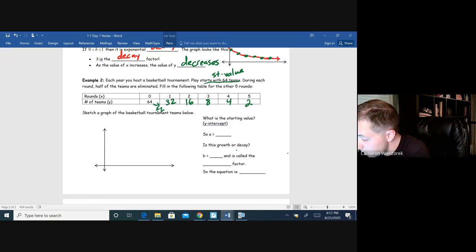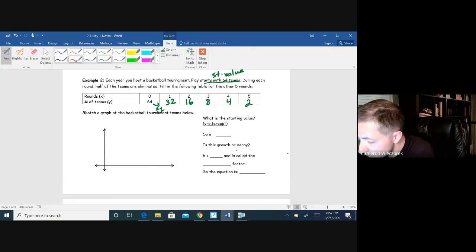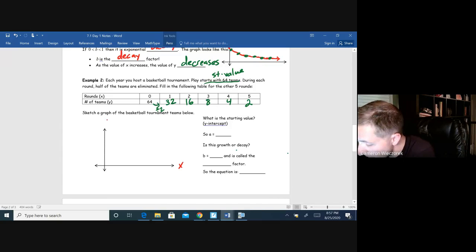So if we look at this graph, it starts way up at the top at 64. Here's x, here's y, here's 0. Way up at the top, I got 64. And then after round 1, let's just cut it in half and put 32 here. Here's 32 teams left. Round 2, so here's 1, here's 2, 16.